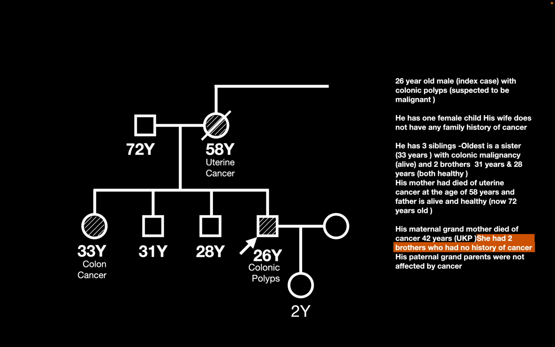The index case or the patient's maternal uncles, older one was 70-year-old and younger one 62-year-old. He had died of a road traffic accident, so need not be represented here. Just suffice it to say that he is no more.